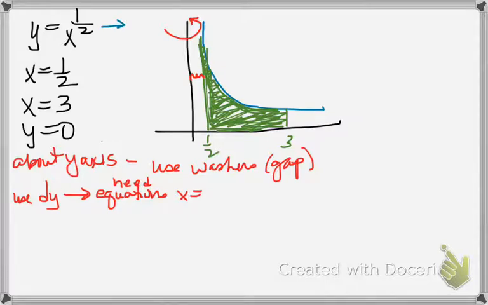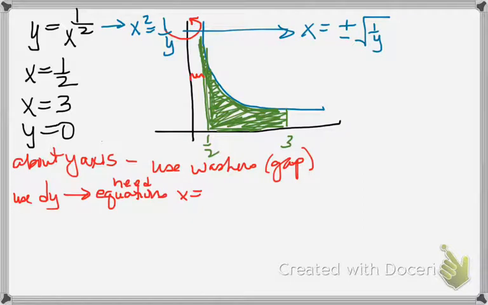But if I do a little hocus pocus math magic, I'll end up with x equals plus or minus the square root of 1 over y. And that transforms into the picture. I just did not graph all of 1 over x squared.